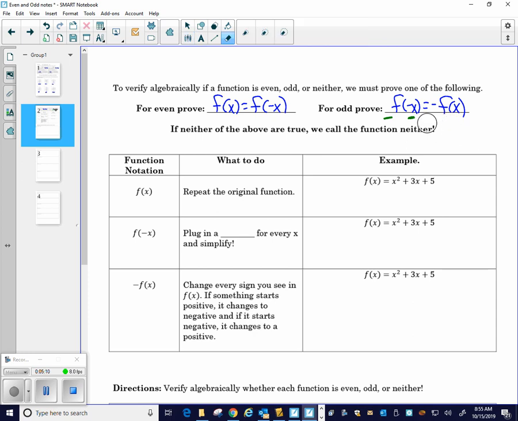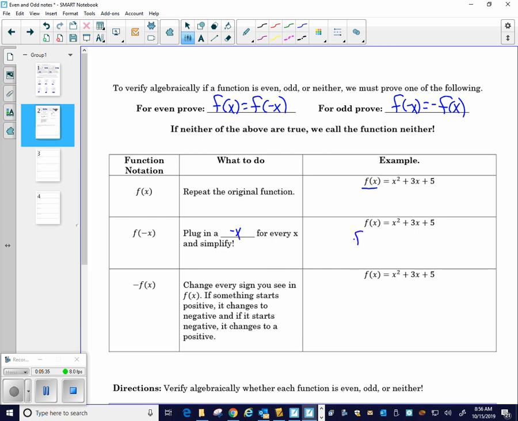All right, let's go ahead and take a look at this algebraically. In order to do it algebraically, since you're given f of x, the easiest way to start is to try and find out if something is even. So in this case, we're given f of x here, which is x squared plus 3x plus 5. So if I want to test for even, I want to find f of negative x. It just means I'm going to plug in negative x where every x is.